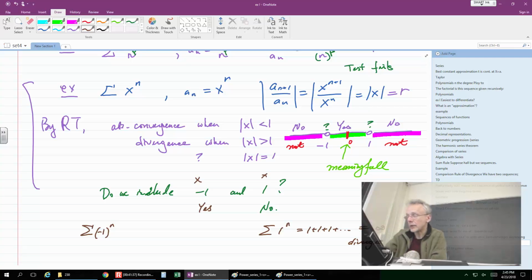This one is 1 minus 1 plus 1 minus 1. It is a different one, but it also diverges, just in a different manner. This one diverges to infinity, and this one just diverges.